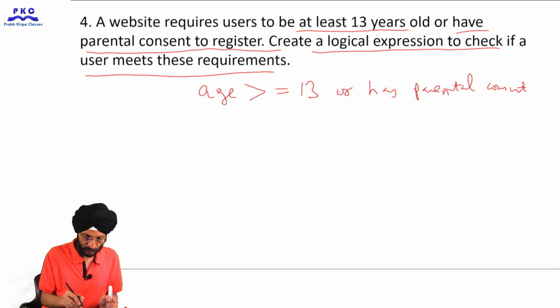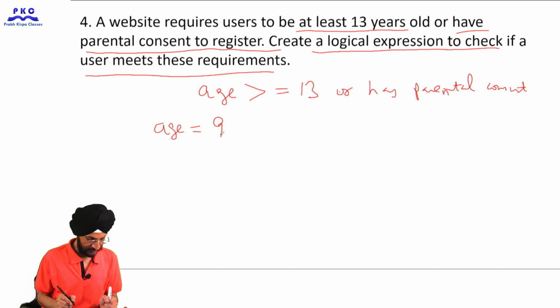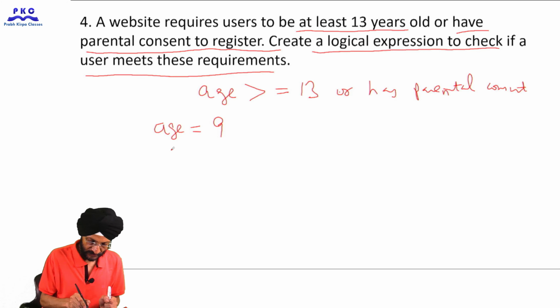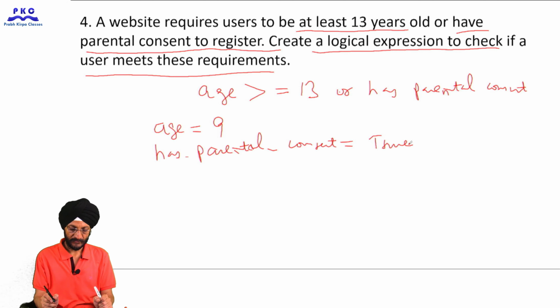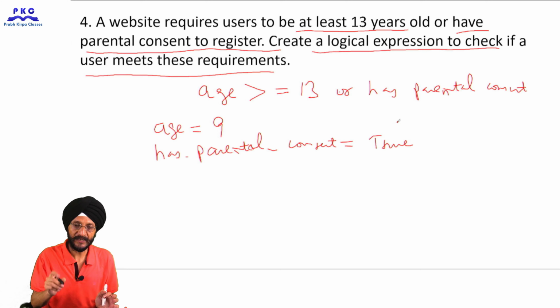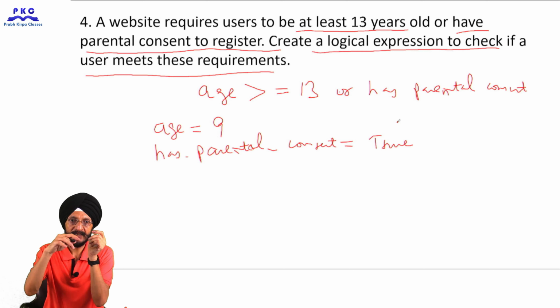In a hypothetical question, we assume that age is 9, has parental consent, true. This is a hypothetical question where a child is only 9 years old but has parental consent.